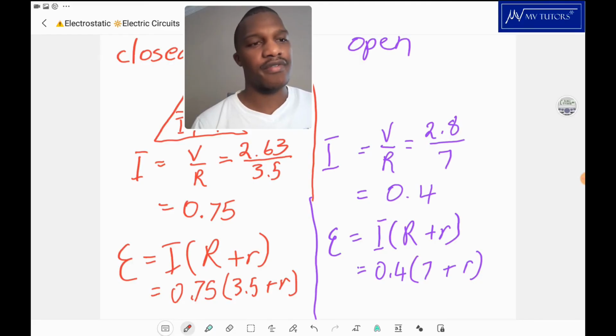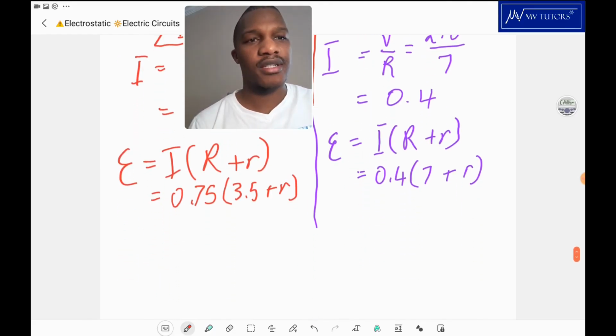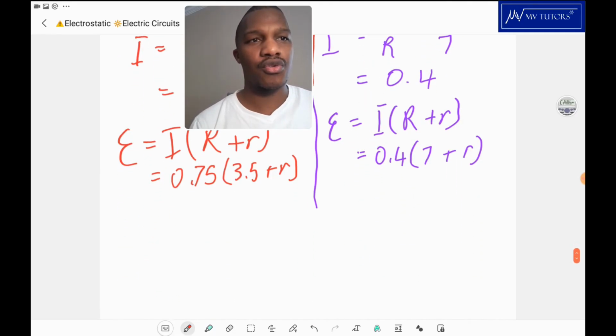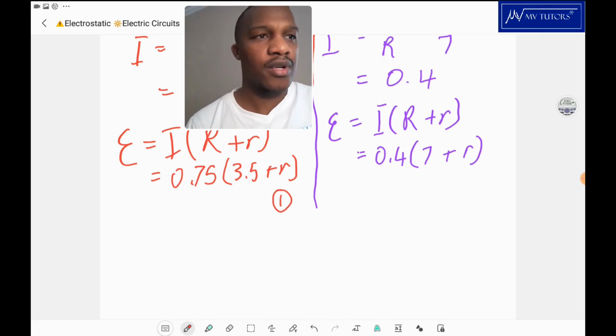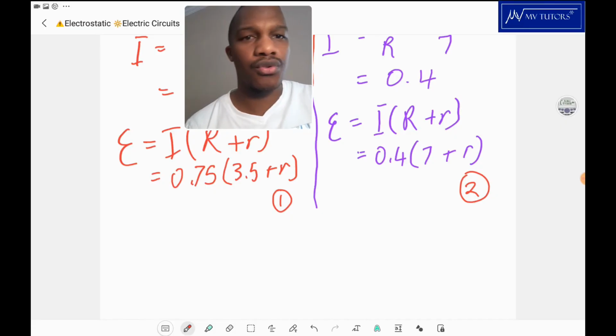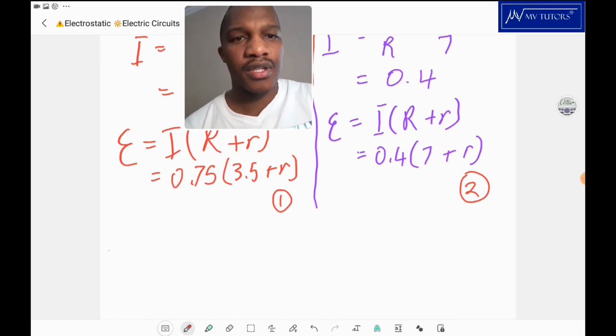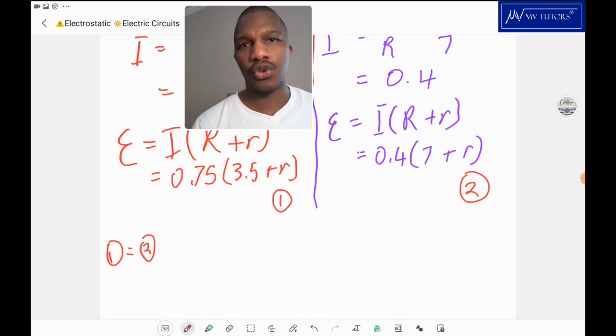There are many ways of calculating it, but it's going to be the same. So what we're going to do now is equate the EMFs. Let's say this one is called equation number 1, this one is called equation number 2. We're going to take equation number 1 and equate it to equation number 2.